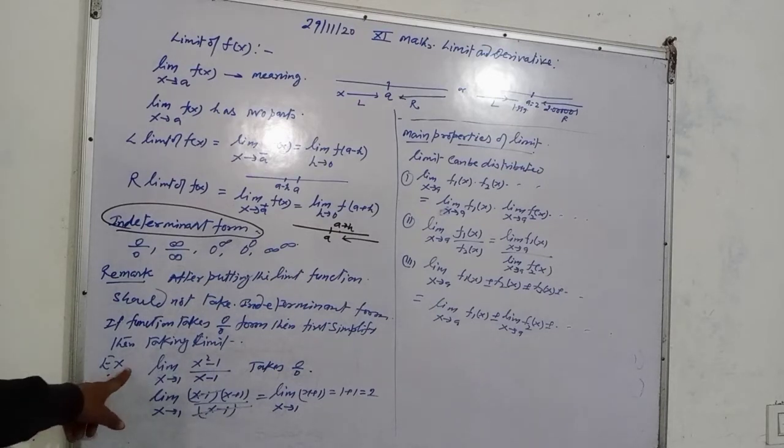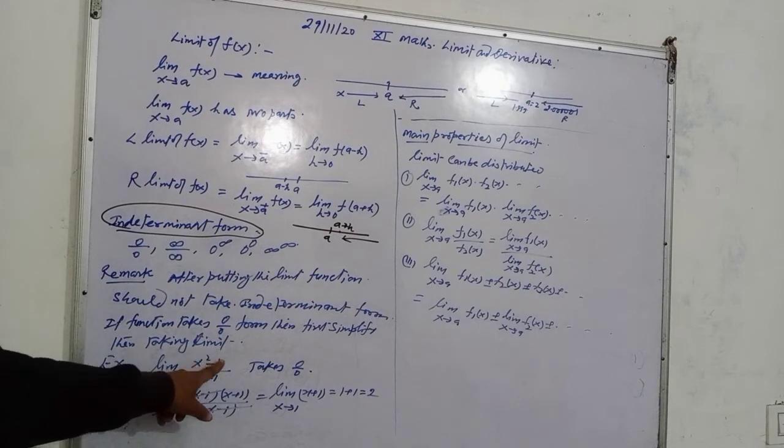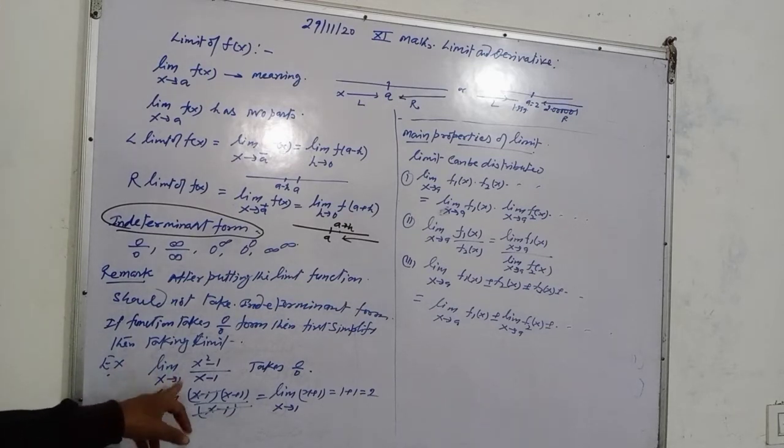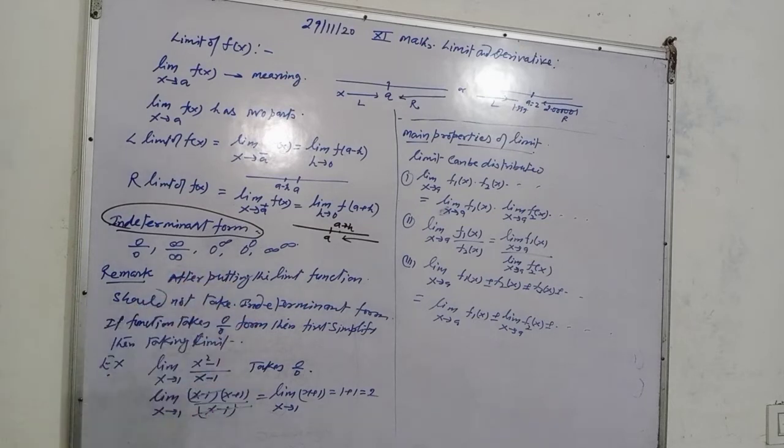For example, your function is (x square minus 1) upon (x minus 1), and the limit as x tends to 1. Directly putting 1 in place of x makes the whole thing 0 by 0, which is indeterminate.